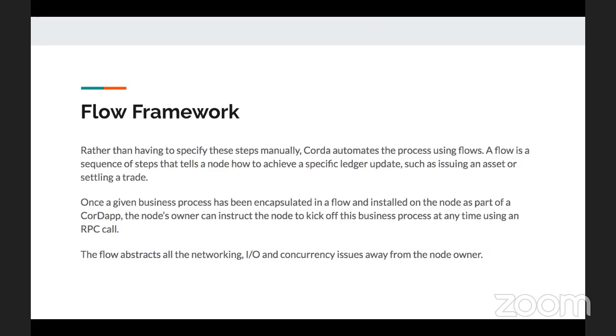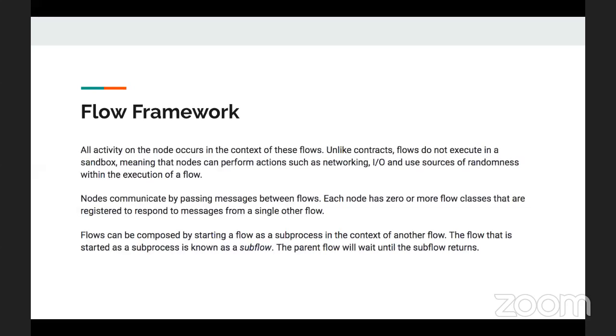This is a very powerful feature: the node owner has only to worry about writing the sequence of business logic. The node owner doesn't need to worry about networking, input, output, packet exchange, messaging, routing, and all the concurrency issues.